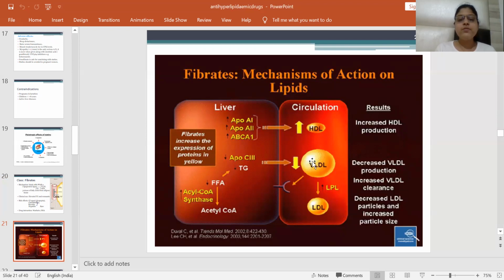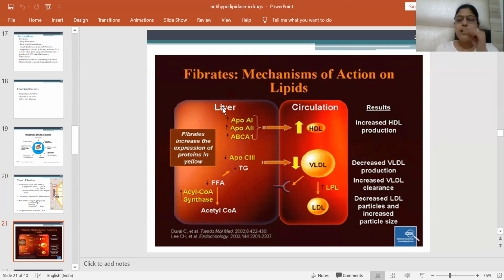Triglyceride is decreased, free fatty acid is decreased, so there is a decrease in VLDL levels, and the lipoprotein lipase levels increase, so LDL levels also get reduced. So there is increased HDL production, decreased VLDL production, and increased VLDL clearance. LDL particles will decrease and the particle size will increase. This is how the mechanism of action on lipids takes place.